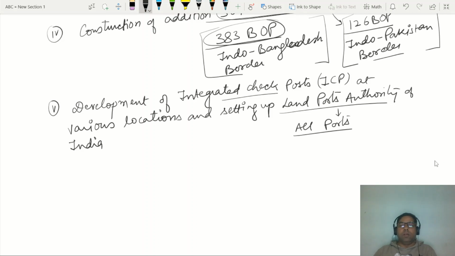Means these ports which are used for commercial routes, right? Like people are coming and going internationally from certain ports, right?